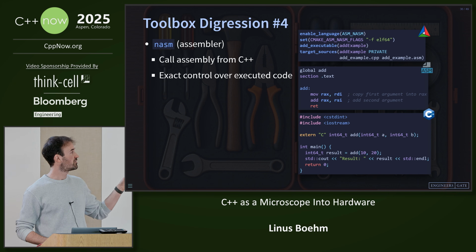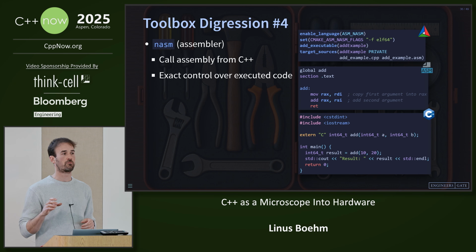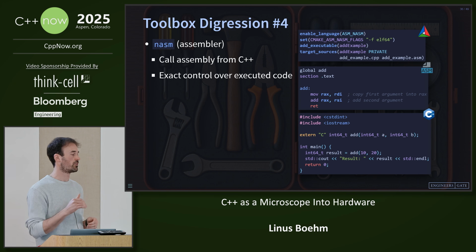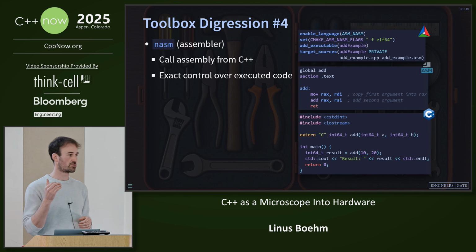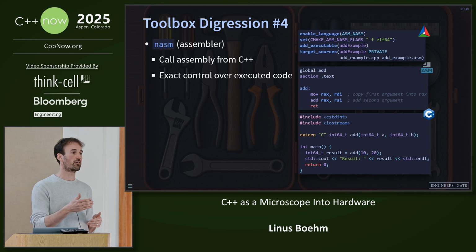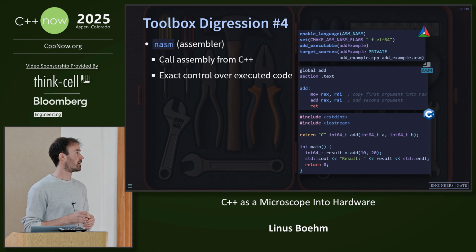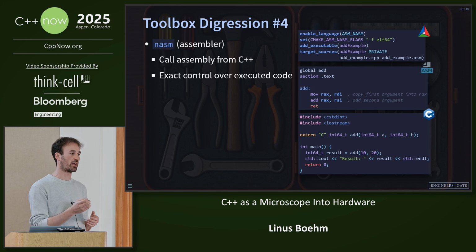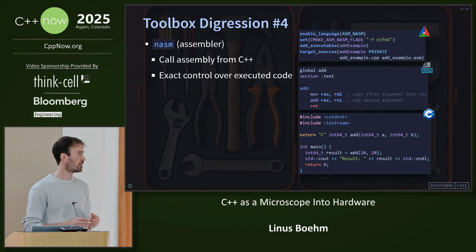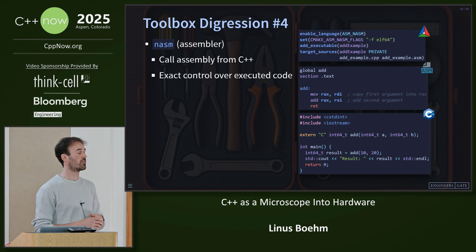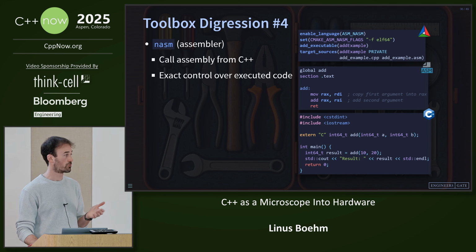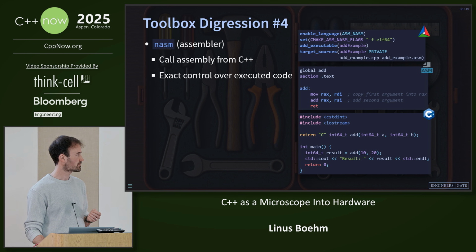The good thing about using NASM is that we have very tight control of what will be executed on the CPU. If we use C++, we have to go through the compiler. Compilers are extremely smart in figuring out what we actually want to do, and they often optimize away a lot of code, and then it gets very hard to get the CPU to do a very specific thing. This is much easier if you control the assembly directly.